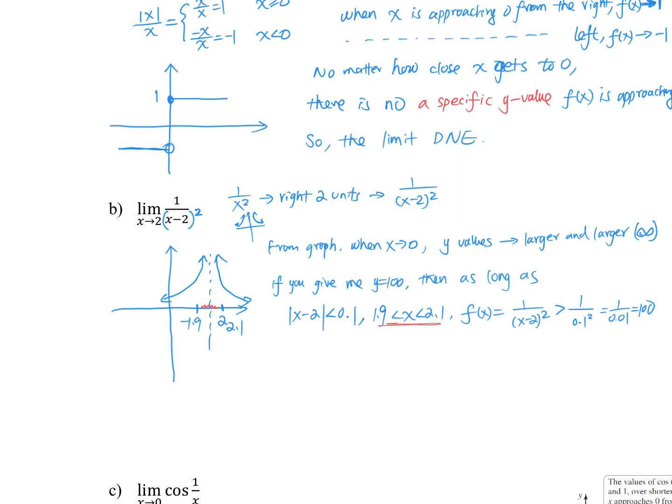So the idea is, regardless how big this y value you name, if you feel like there's a huge number that is the limit of this function, then I can always challenge that by finding another x value so that the y value is greater than the value that you name.